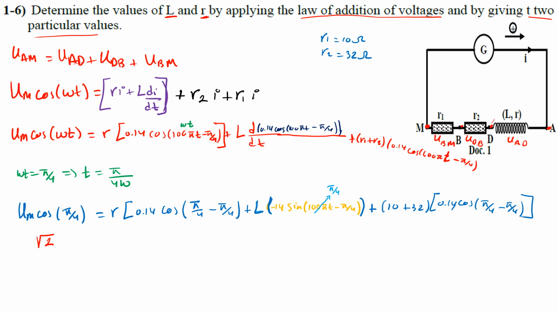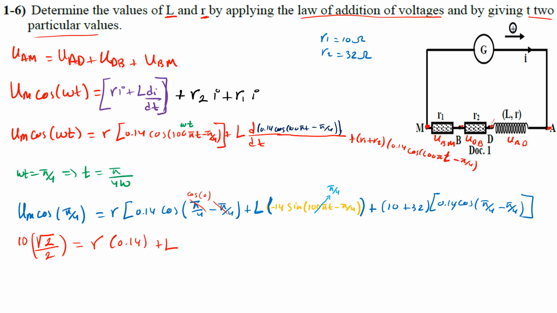So we had 10 multiplied by cosine pi over 4, which is radical 2 over 2, equals R. Now, pi over 4 minus pi over 4, they cross out each other, so it will be cosine of 0, which is 1. So R into 0.14 plus L is still there as an unknown.